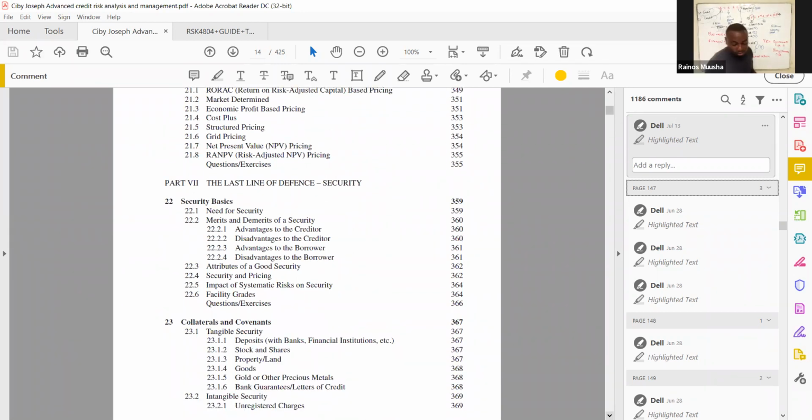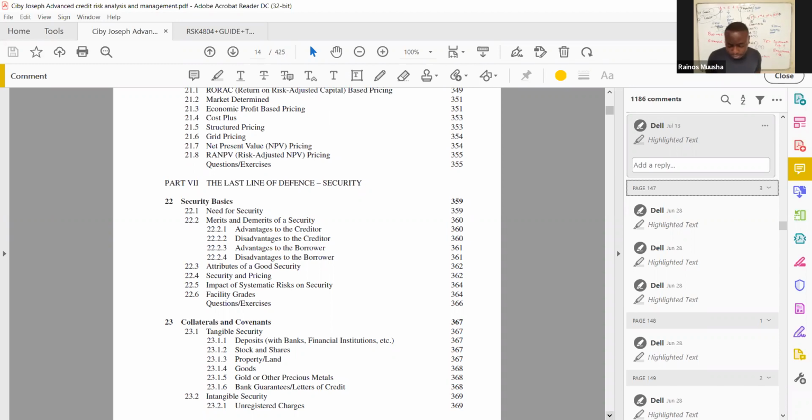Then on the next part of the textbook, we look at the last line of defense, which is the security, where we ask: in case of default, how do we mitigate the losses we can potentially incur? One way is through having security.